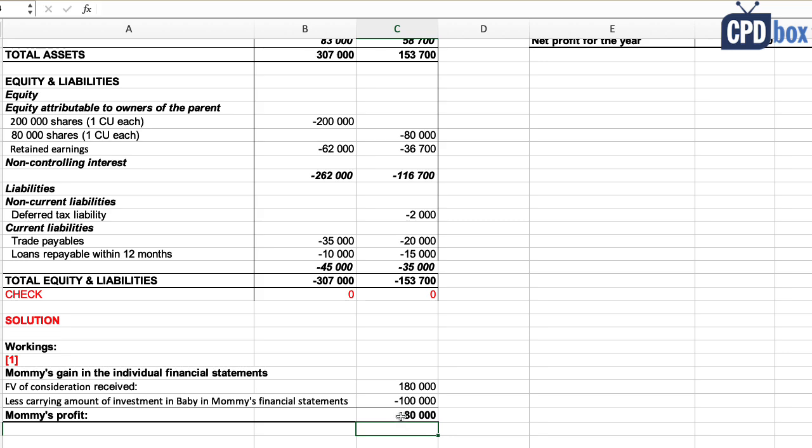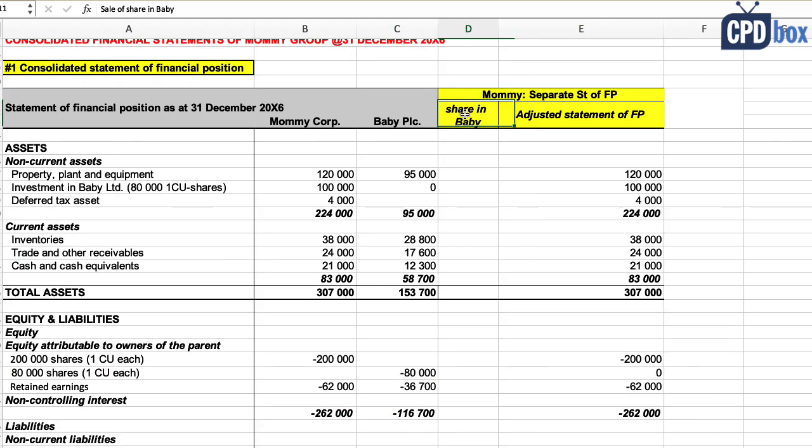So we will recognize this gain and also the fair value of consideration received and remove the investment here. So let's see. We credit investment in Baby with 100,000 to remove or derecognize the sold share. We debit trade and other receivables with 180,000 to recognize fair value of consideration for that share.